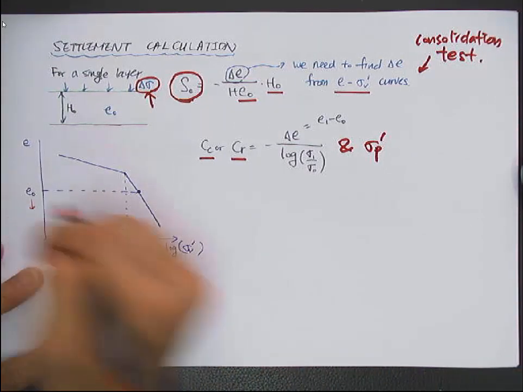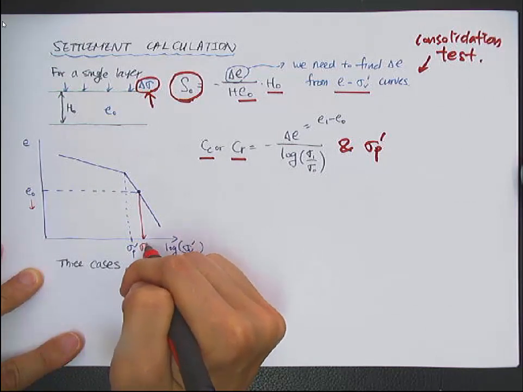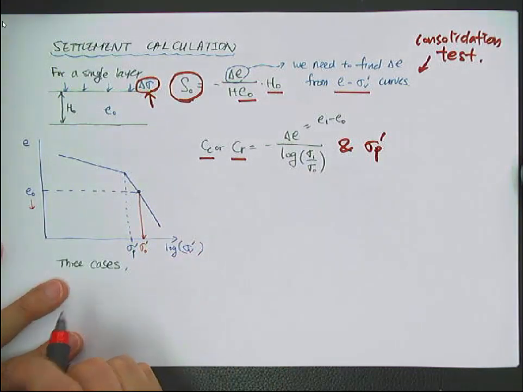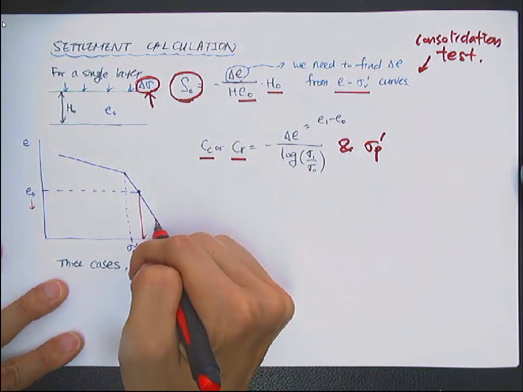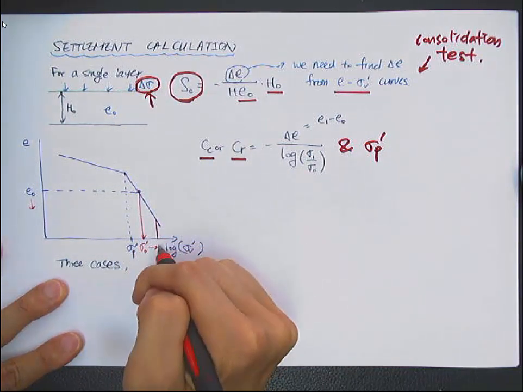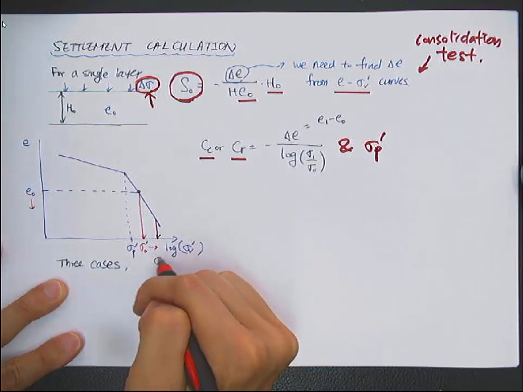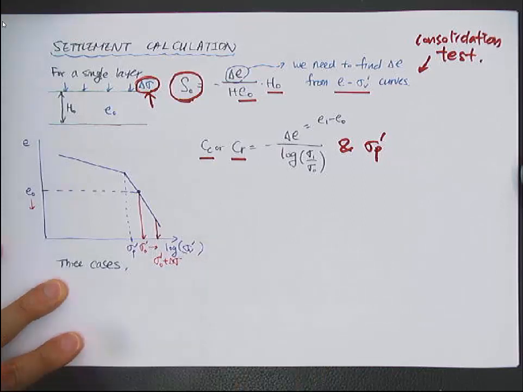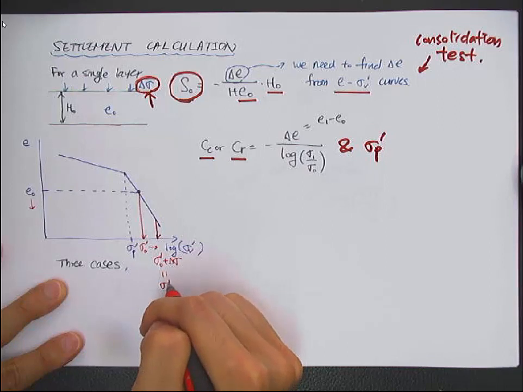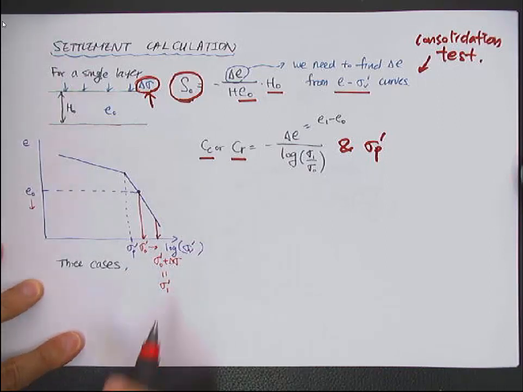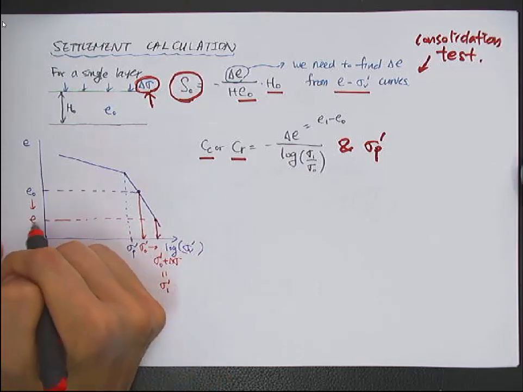And as we apply, this is the sigma naught prime, and by this delta sigma it has moved to this. And the final effective stress is sigma 1 prime. And then the void ratio is e1.